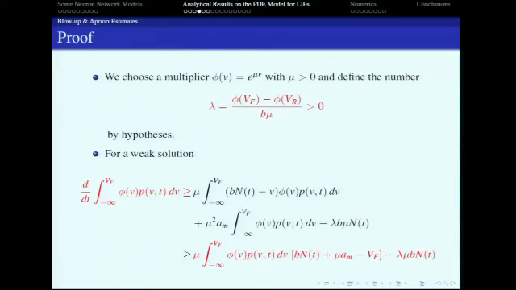Now here what I use is simply that since I have minus b in an interval minus infinity b f, I can bound it from below by minus b f. And then I take out all of this out of this interval, which is exactly the same quantity. Okay? And here, this is what came from the boundary value and the delta Dirac. What I keep is this minus lambda v mu times n.